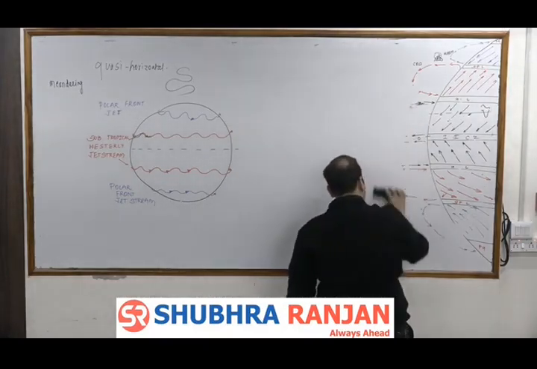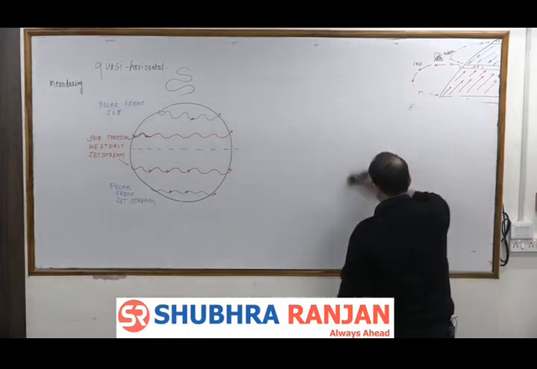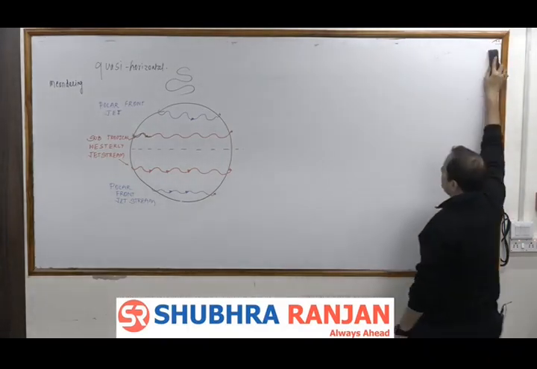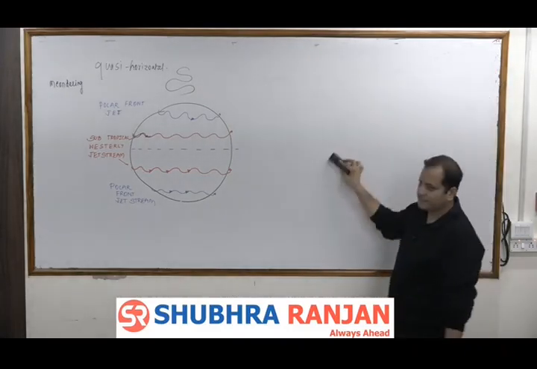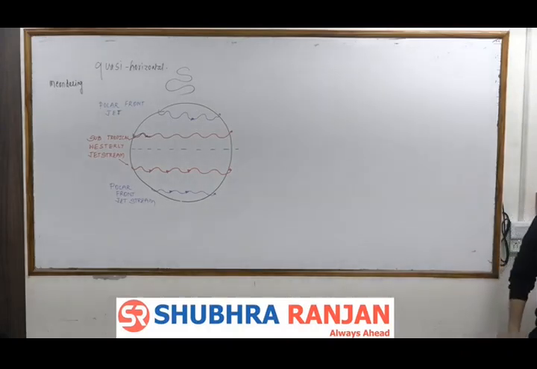Hence jet streams originate over the subtropical high pressure belt and subpolar low pressure belt.